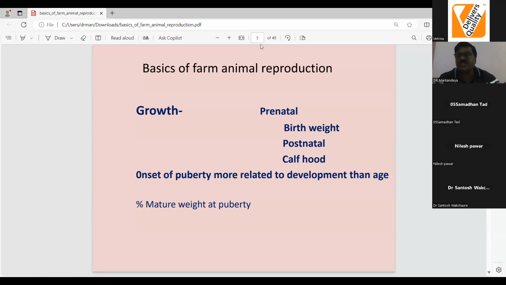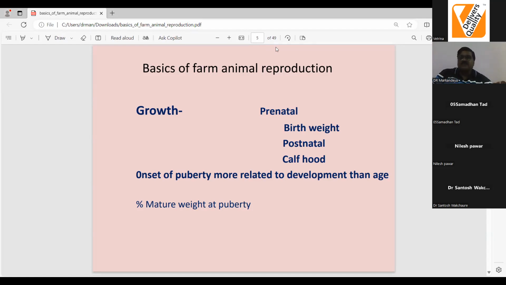In case of goats, it is expected to be 21 kg, and in case of sheep, something like 20 kg. If this body weight is achieved, the animal is able to express the first estrus, the pubertal estrus. It is very, very important to understand that.